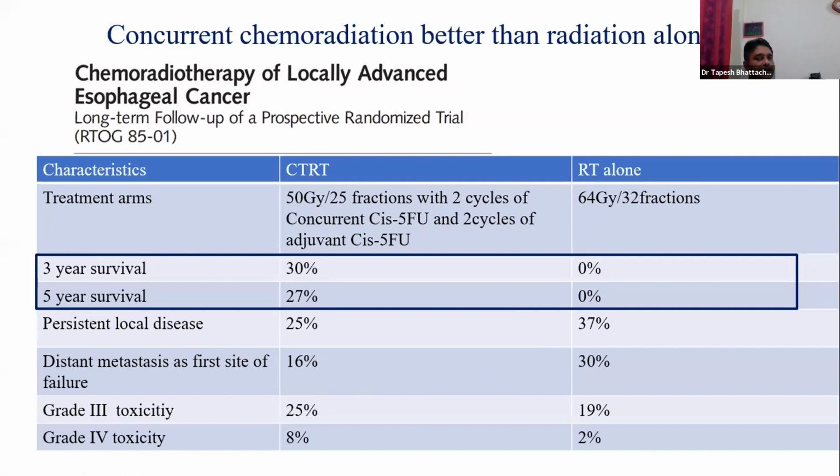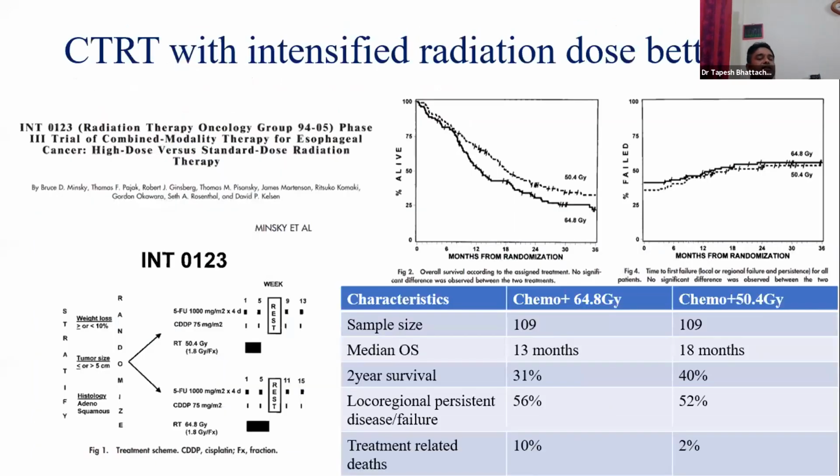Now the question is, what if we intensify the radiation dose in chemoradiation from 50 to say 60 or 64, in the range of radiation alone? This was another landmark trial, Intergroup 0123, where they intensified the radiation dose: chemo plus radiation 64.8 versus chemo plus 50.4 gray. The 50.4 arm was like the concurrent chemoradiation arm in RTOG 8501, and this was the escalated radiotherapy arm.